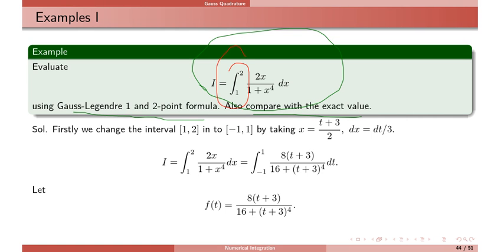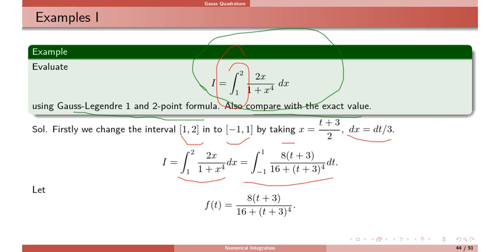Formulae are derived for minus 1 to 1, but the limits are 1 to 2. So firstly change the limits 1 to 2 into minus 1 to 1 by taking x equal to (b minus a) by 2 t plus (b plus a) by 2. So x equal to t plus 3 by 2 and dx equal to dt by 2.